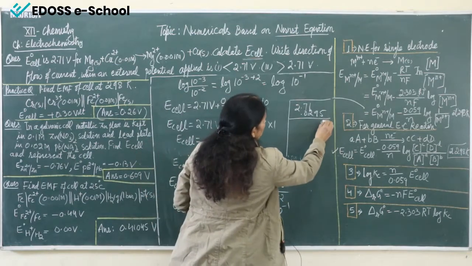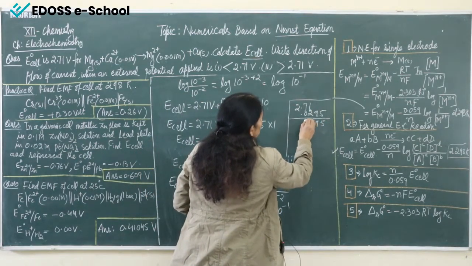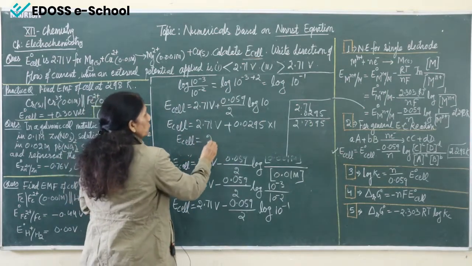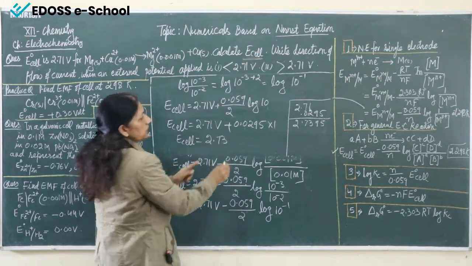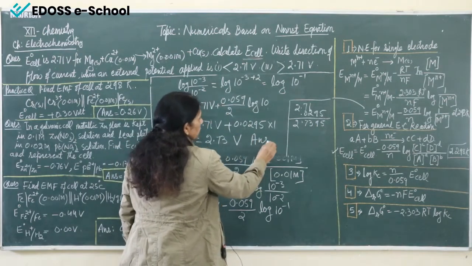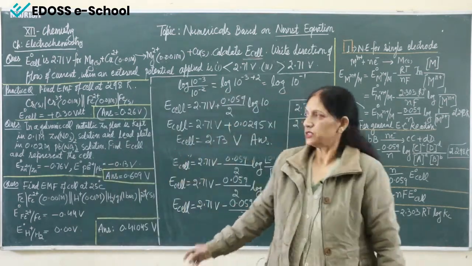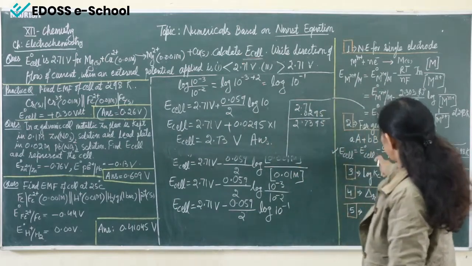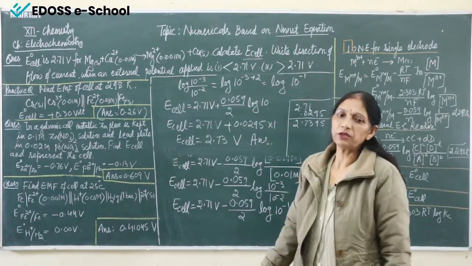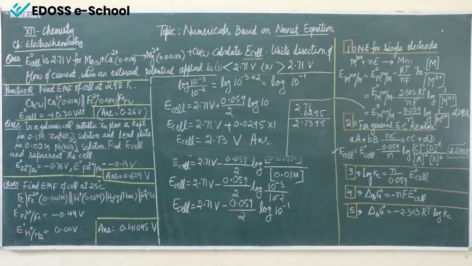So this is 5937. So E of the cell is 2.73 volt. This is your answer. So in this way you can see that the same equation we can invert, else it will be a little bit difficult for you to solve the question.